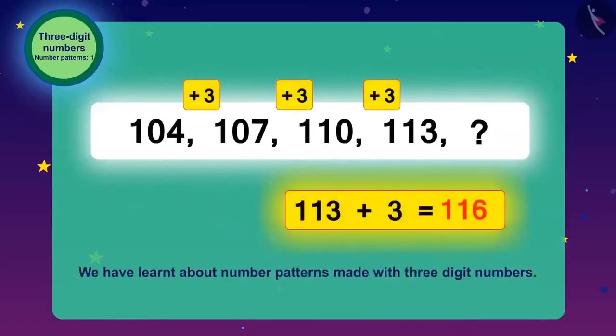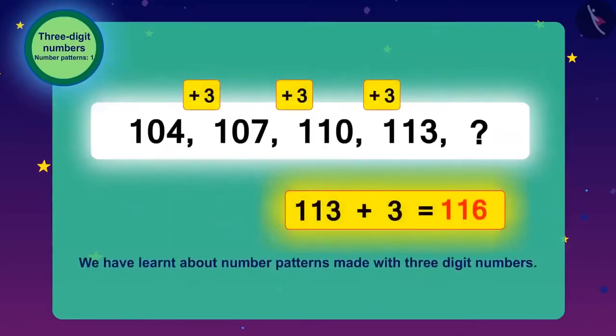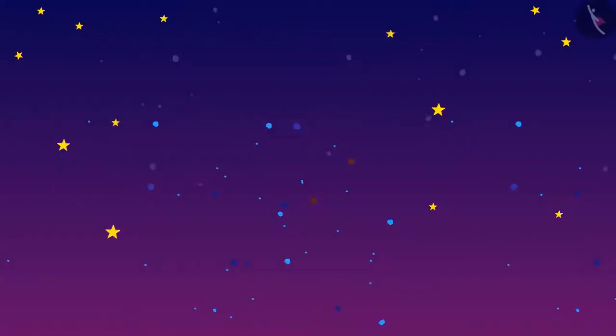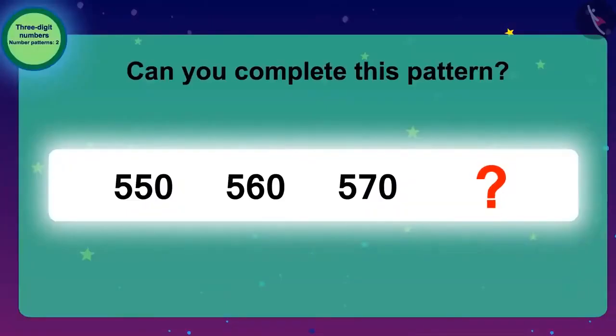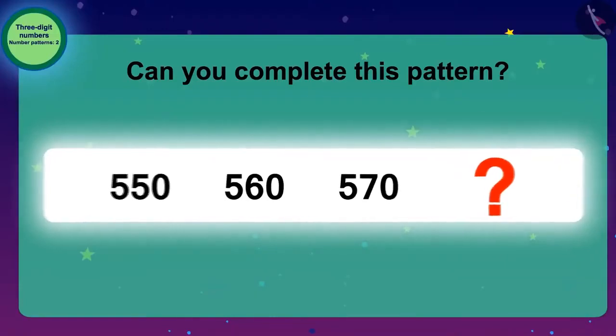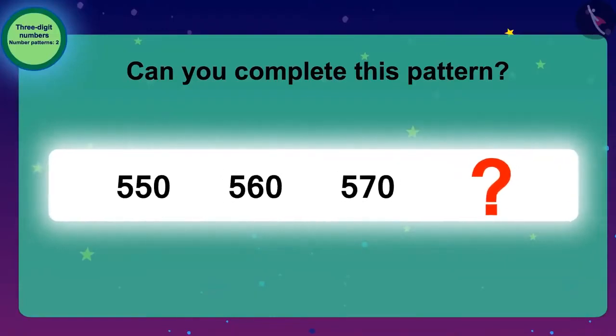Children, in the previous video, we learnt about number patterns made with 3-digit numbers. In this video, we will understand some more interesting number patterns. Can you complete this pattern? Yes, you are right. To find the next number in the pattern, we need to add 10.